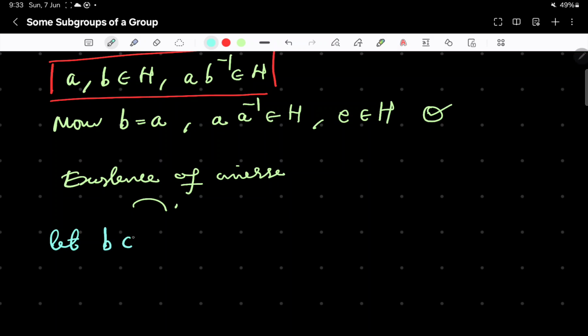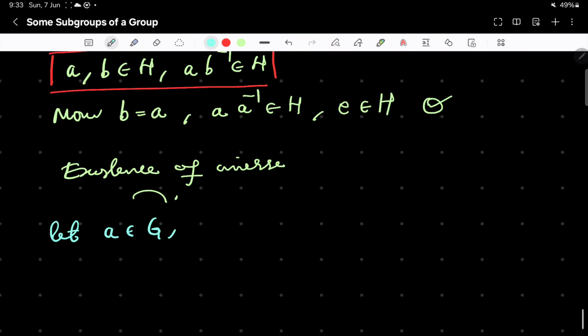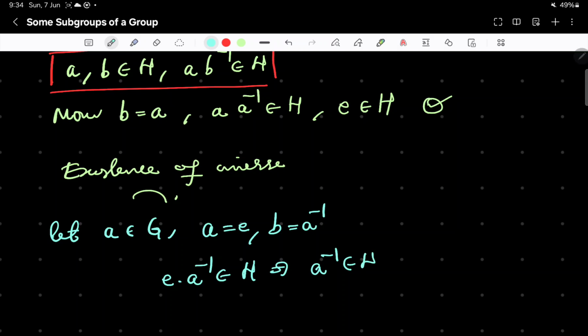So let a be an element of H. We need to prove that a inverse exists. In the above statement we put a equal to e and b equal to a. So e a inverse is in H, since e is in H, which we already proved. That means a inverse is in H. So for any a in H, we have a inverse in H. So the existence of inverse is there.